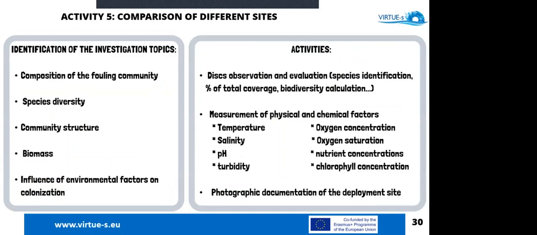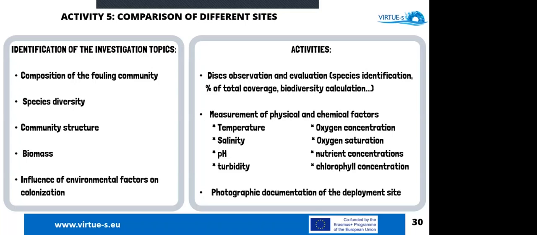Okay, we go on with another activity, which is the comparison of different sites. To investigate two different sites, the virtual disk can be deployed into different locations. For instance, a protected bay and a port, or a more exposed area and a less exposed area, or maybe two locations where waters have different salinity values.